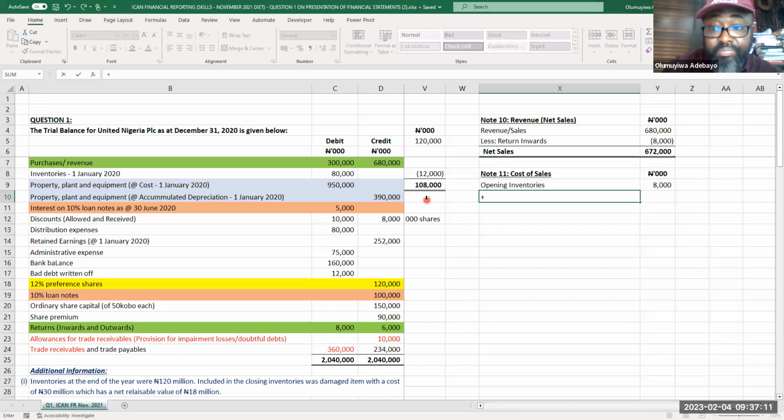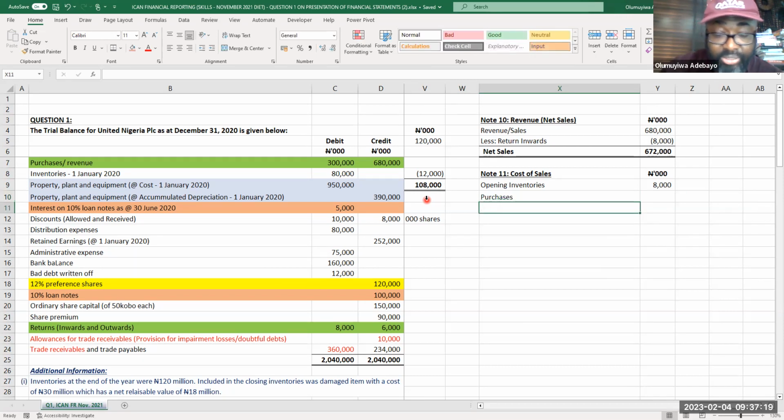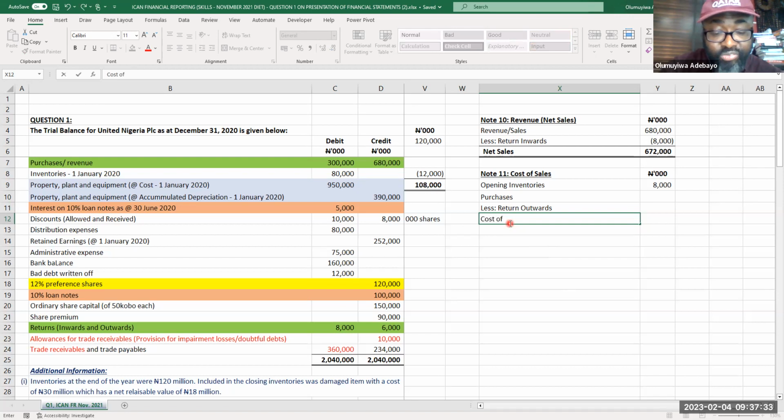Plus my purchases, in which out of my purchases I deduct my return outward, that is return to my suppliers. Okay, what I get there is my cost of goods available for sale, what some people call COGAS. And I'll compare that with my closing what? Stock. Closing inventory.